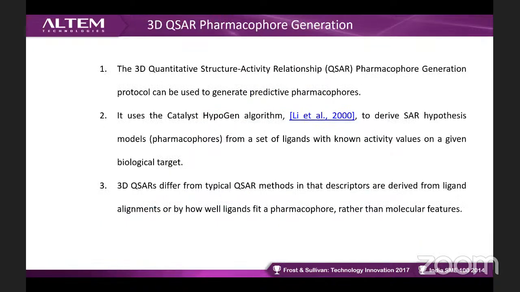Let me describe, because if you want to predict quantitatively, that is more important for an analysis. So that's why I just picked only 3D QSAR. That is very important. Why? When I try to build a 3D QSAR for one particular disease, it is very target specific.